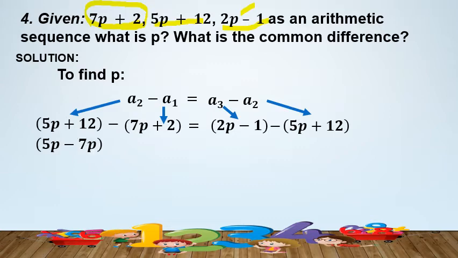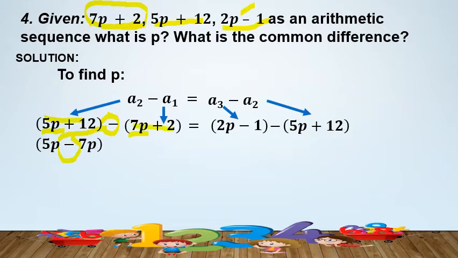Combine similar terms, meron tayong 5p and 7p. Magiging 5p minus 7p. Okay, huwag kakalimutan, negative ang nasa loob ng parentheses kasi negative din ang hinahanap. Ano ang difference ng dalawang group na ito?